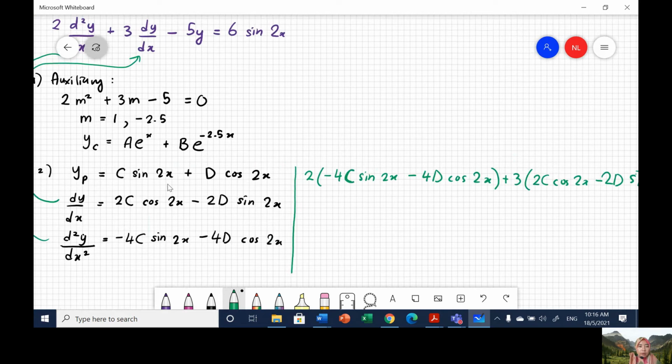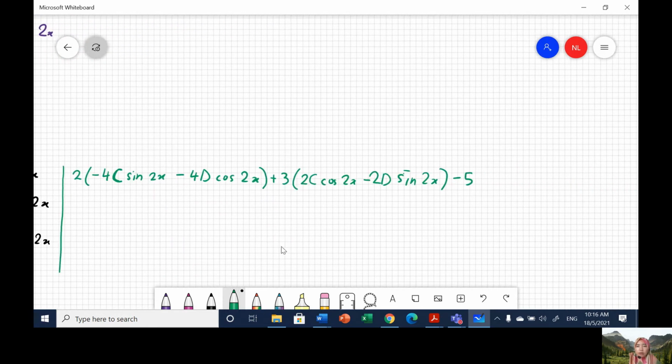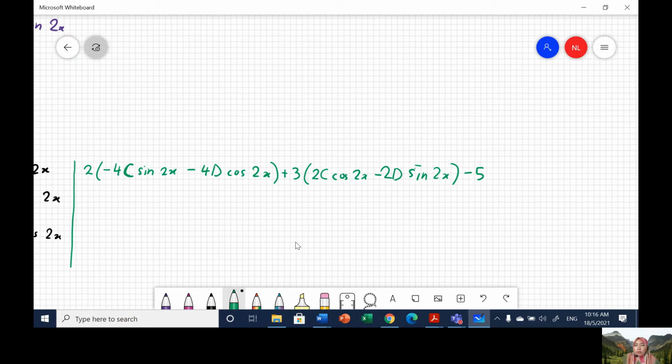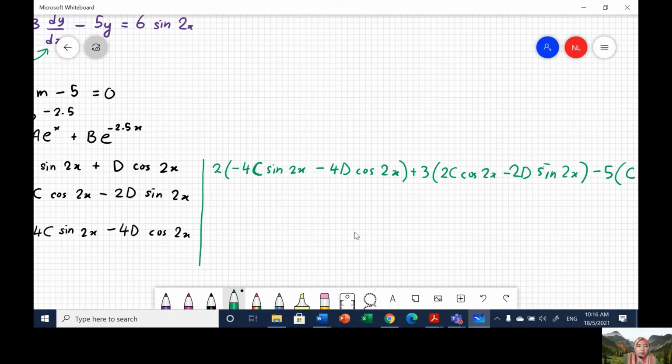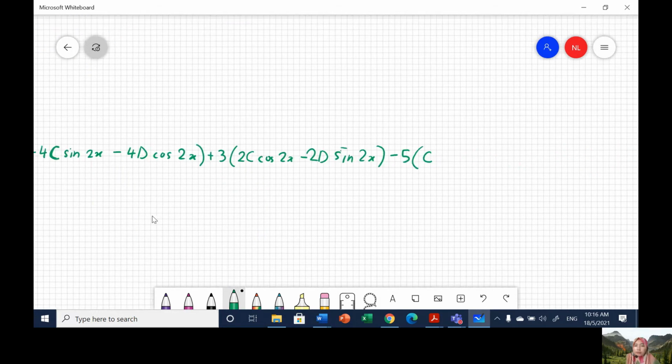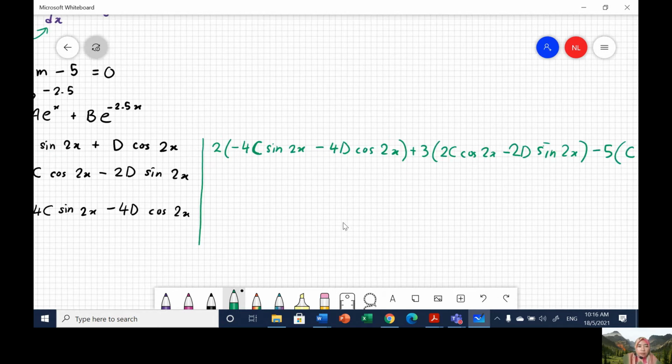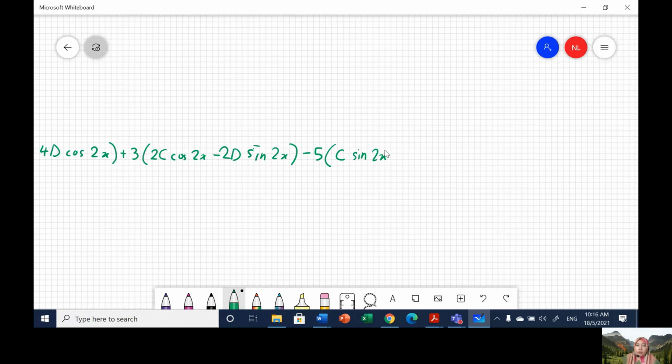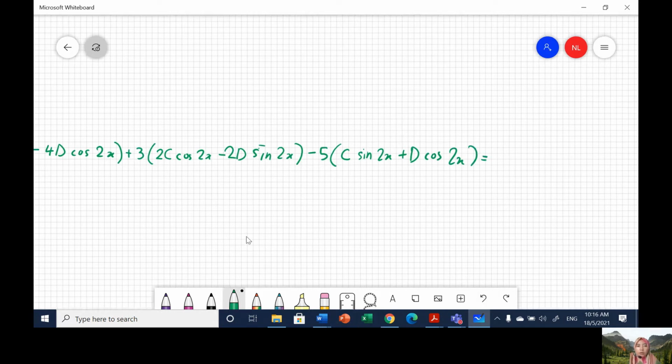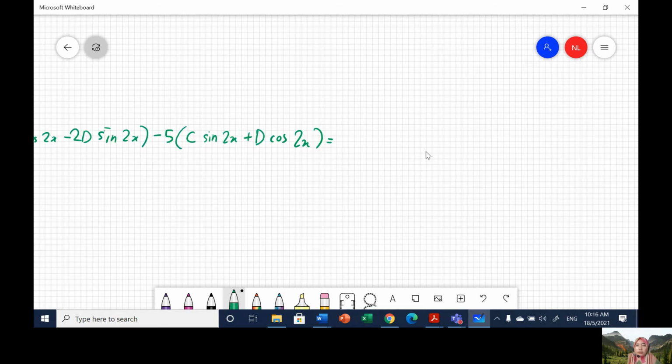So this yp, then put here times 5, the bracket c sin 2x plus d cos 2x. Okay, equal. So the right-hand side is 6 sin 2x.